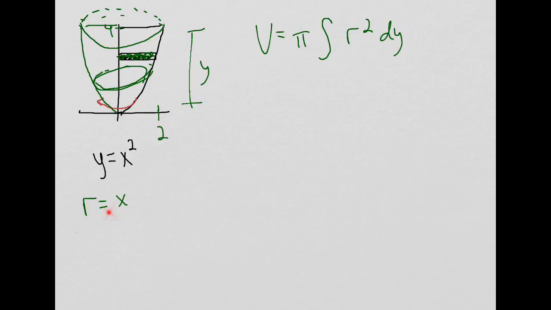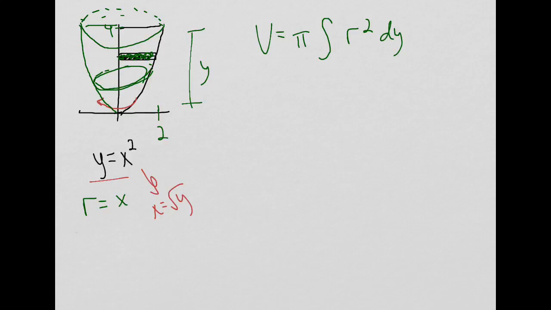Now, my radius is this x value right here, and I want to plug that in here, but notice I've got dy. So if I plug in x to here, then I'm not going to be able to integrate with respect to y. But fortunately, I know I have this relationship right here. If y is x squared, then that means that x is the square root of y.